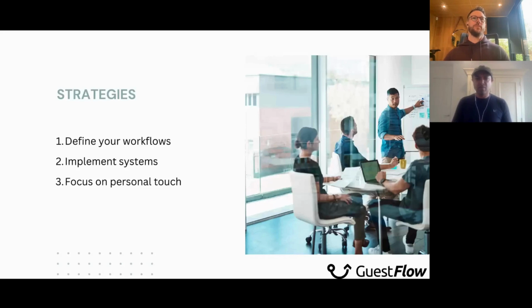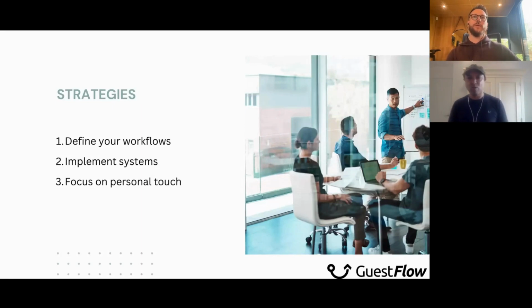The other thing as well is, with good systems and good controls in place, you can then empower your team to make decisions, to think about ultimately delivering that amazing guest experience that's going to lead to that 5-star review. If a guest is arriving for a special occasion, have your team have the ability to send them a bunch of flowers for arrival.